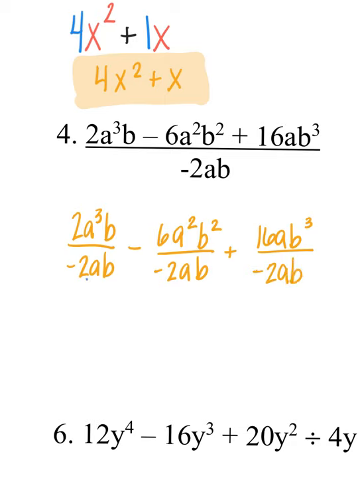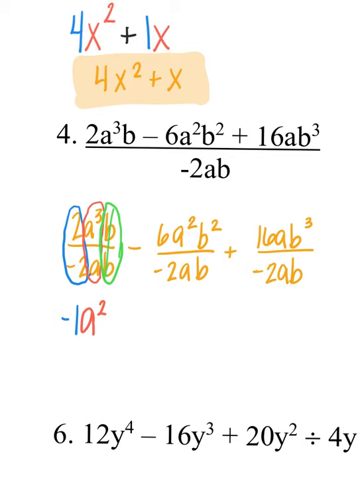Same steps apply. We're going to start with the numbers in front. 2 divided by negative 2 is going to give me negative 1. A to the third divided by a is going to give me a to the second. And let's do this real quick. B to the first divided by b to the first cancels out.